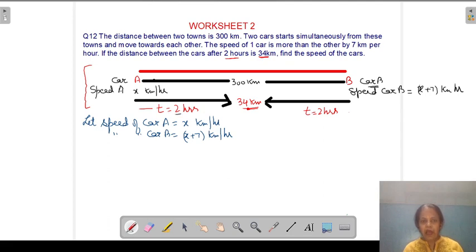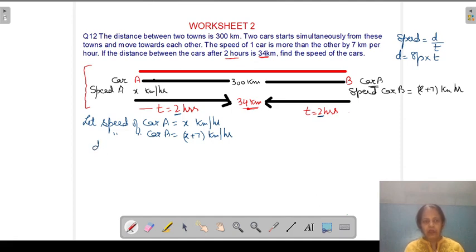Both the cars are traveling for 2 hours. We know that speed equals distance upon time, so the distance will be speed multiplied by time. Now we will find the distance covered by car A and the distance covered by car B.